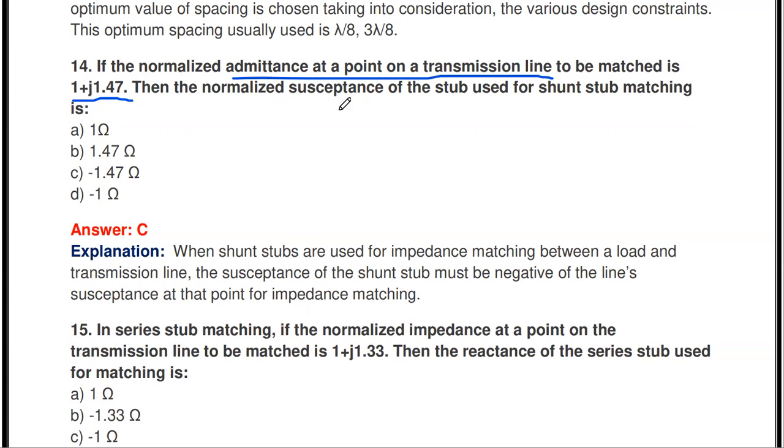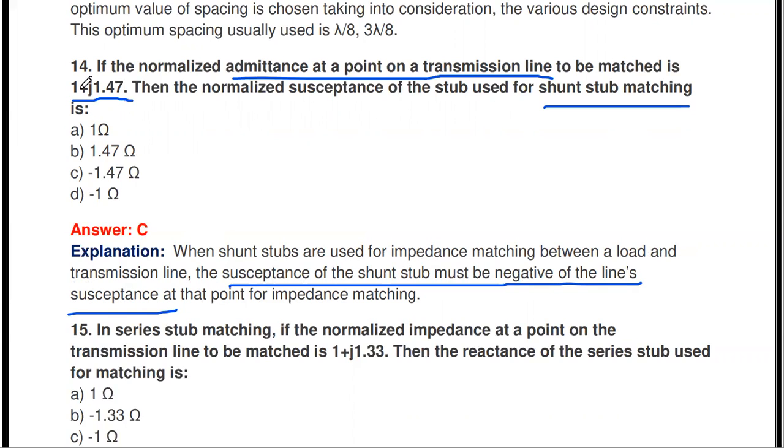What is the normalized susceptance of the stub for shunt stub matching? When shunt stubs are used for impedance matching between a load and a transmission line, the susceptance of the shunt stub must be the negative of the line susceptance.